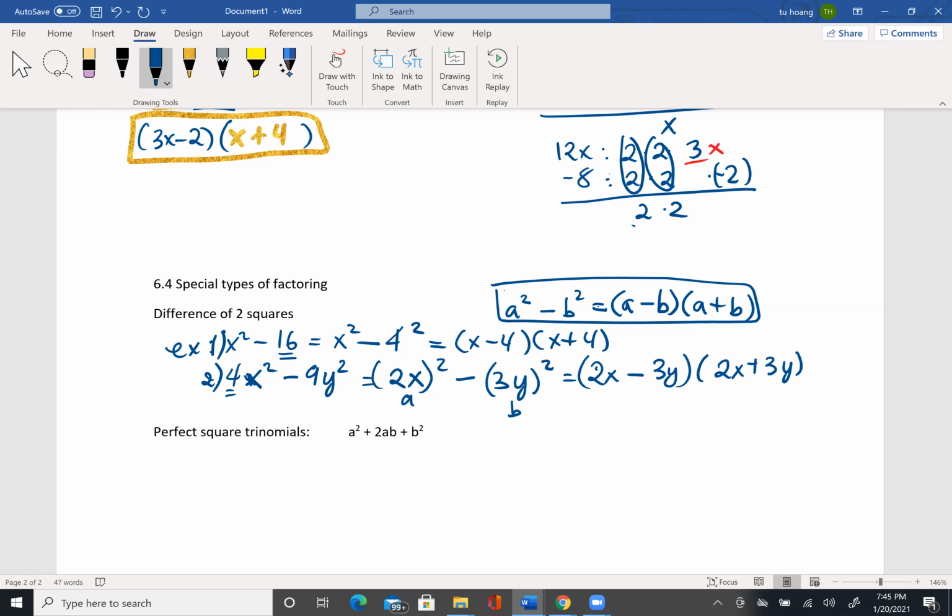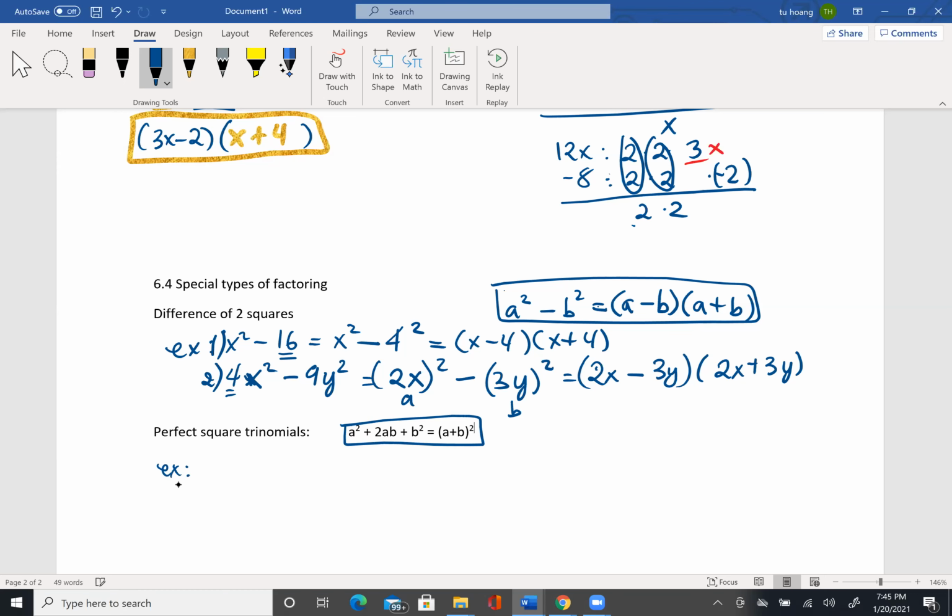Okay, so this is also a special form. Let me have an example. Say x squared minus 10x plus 25. Then I will try to convert it to look like this form.